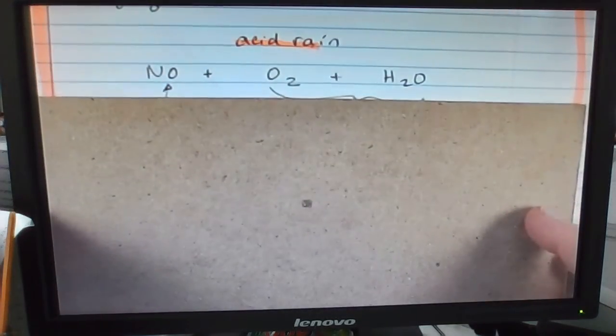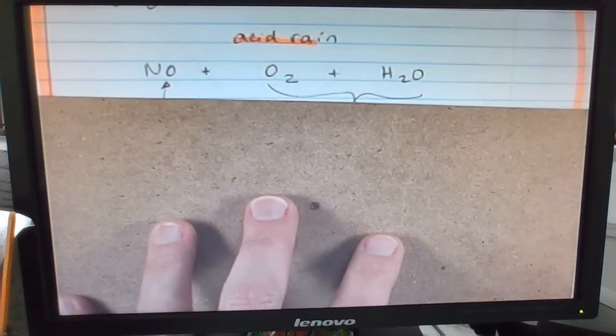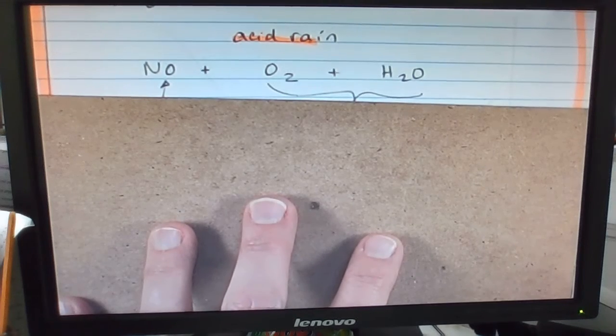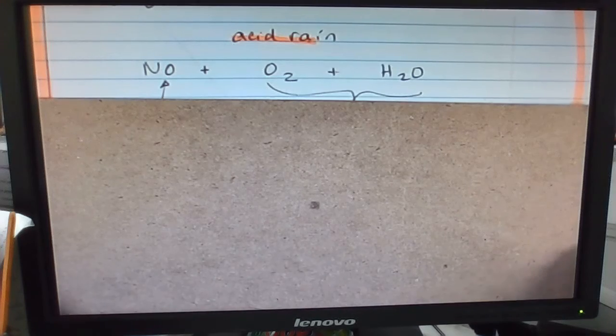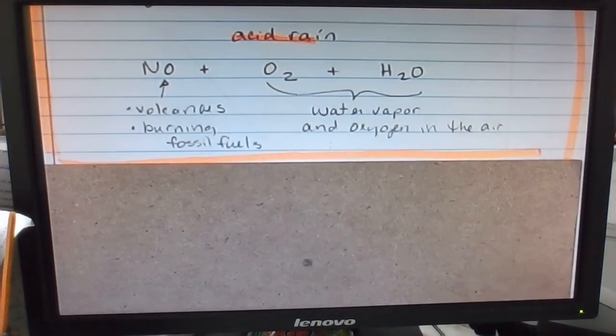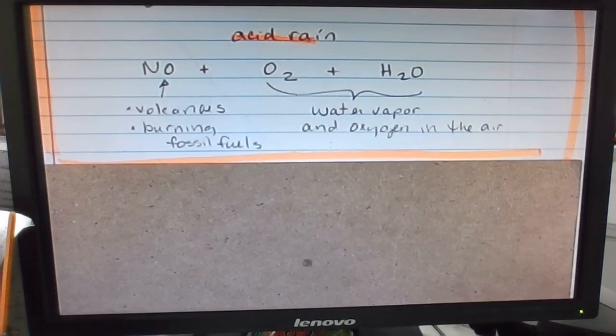All right, so in this situation, we have nitrogen oxides, we have oxygen, we have water. The nitrogen oxides come from volcanoes, come from burning fossil fuels.